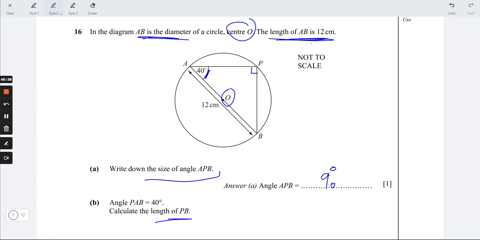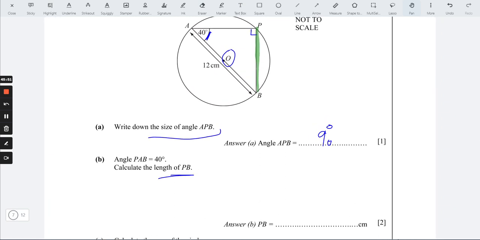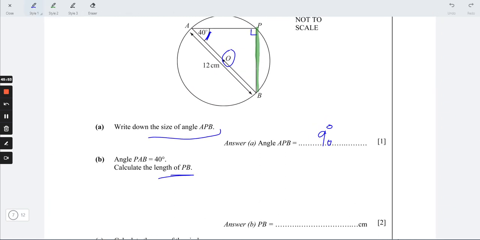PB, this length here. We could use Pythagoras theorem because this triangle is a right angled triangle, but we know that this length here is unknown, and this length we need to find. This side, the hypotenuse, because it's opposite to the 90 degrees, we call it the hypotenuse.